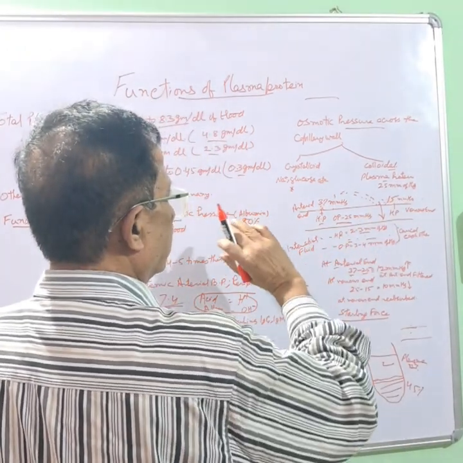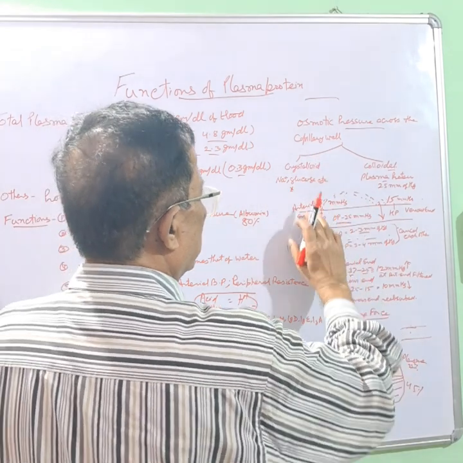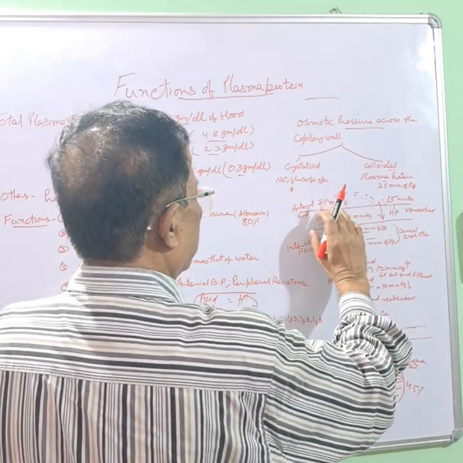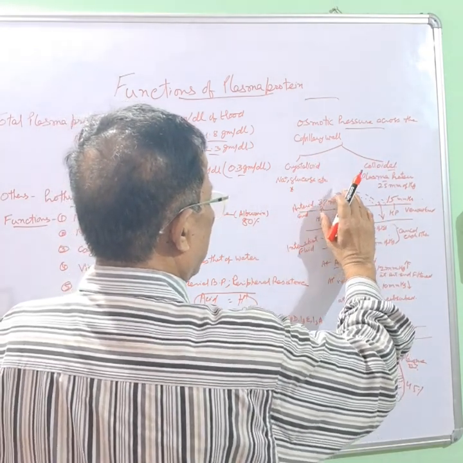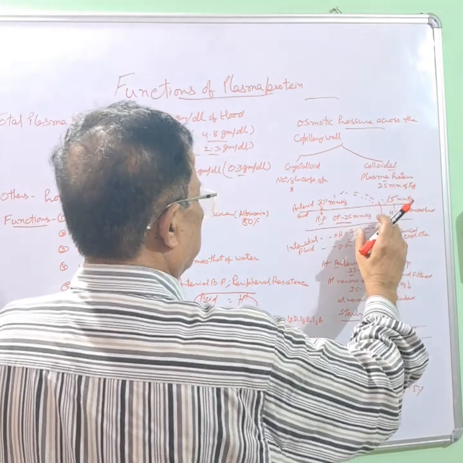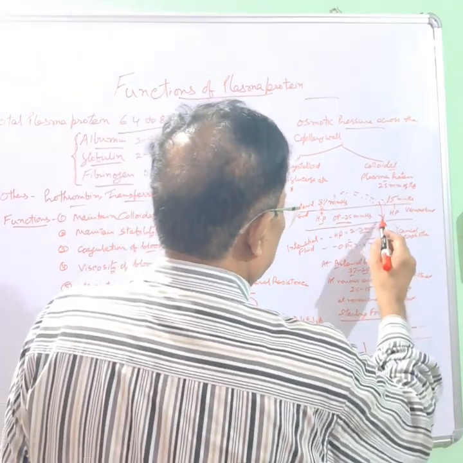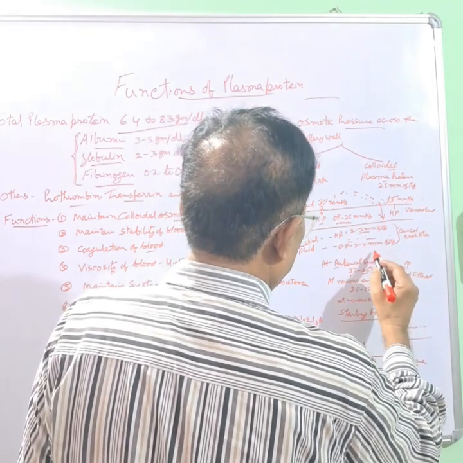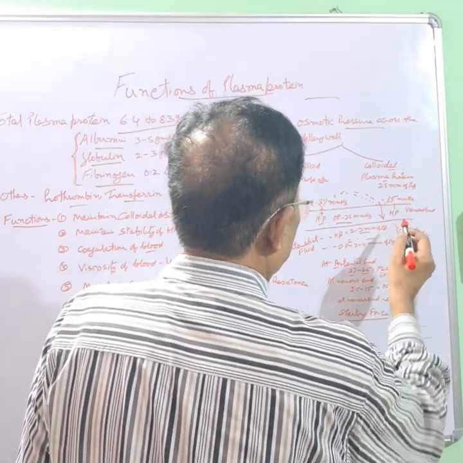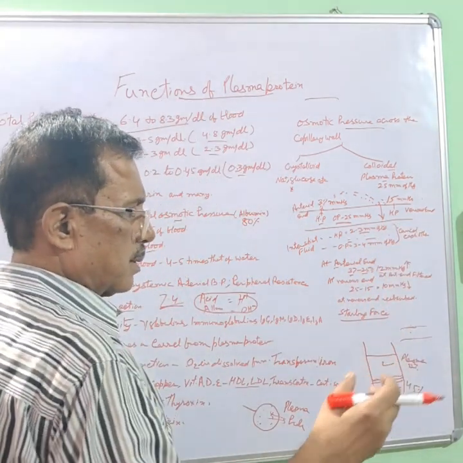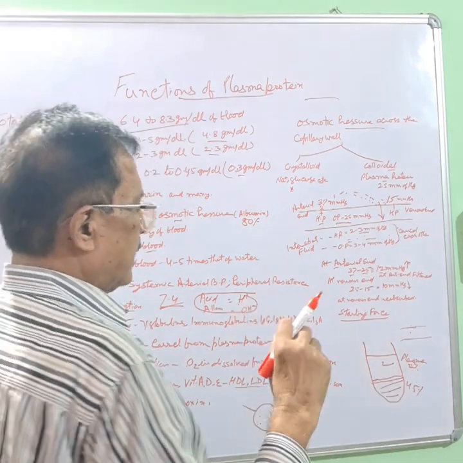At the arterial end, fluid is removed from the capillary, and at the venous end it enters the capillary. A little amount remains in the interstitial fluid, which is removed rapidly by the lymphatics.